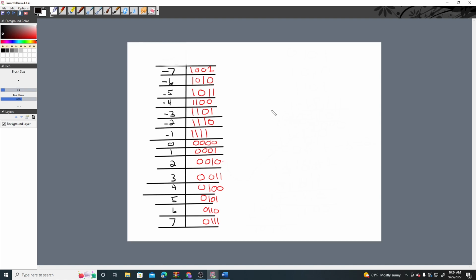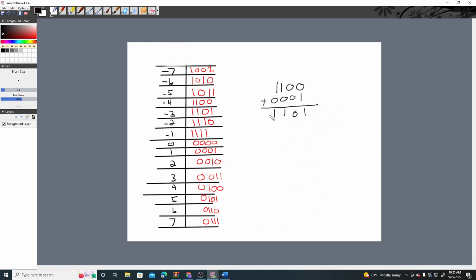Let's try negative 4 plus 1. All right. So 1 plus 0 is 1. 0 plus 0 is 0. 0 plus 1 is 1. 0 plus 1 is 1. All right.